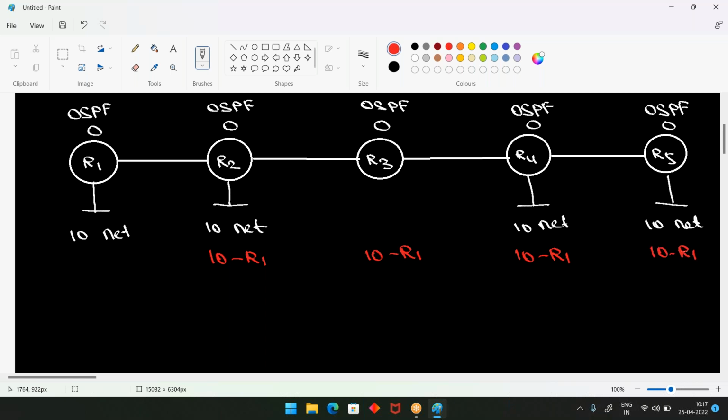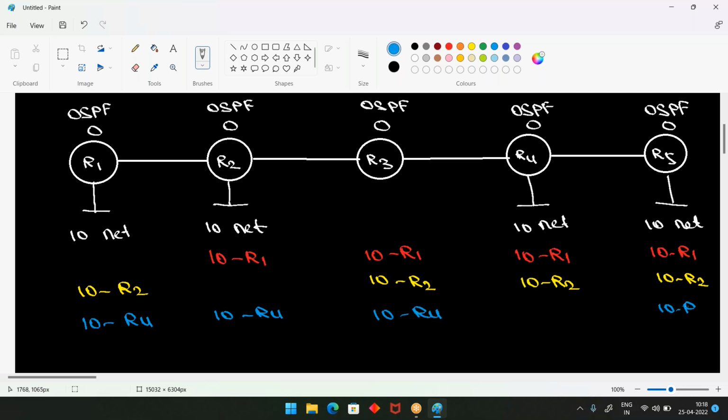Sir, what about R2 now? R2 will also share its networks with R1, 10 networks from the R2 router, and likewise to the others. What about R4? R4 will also share its networks with R1, 10 from the R4 router to each of the others.